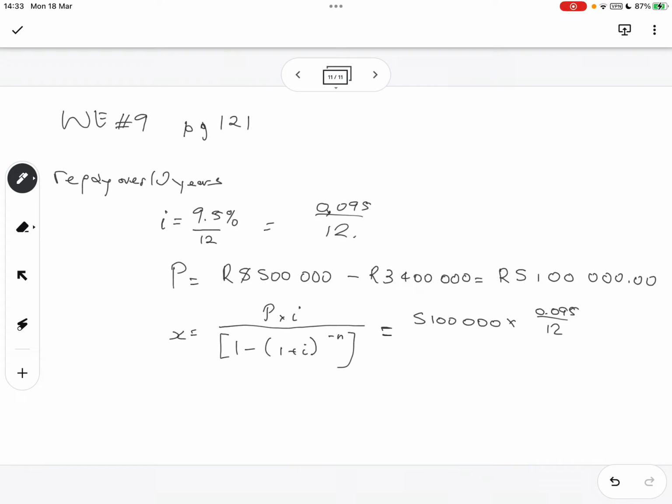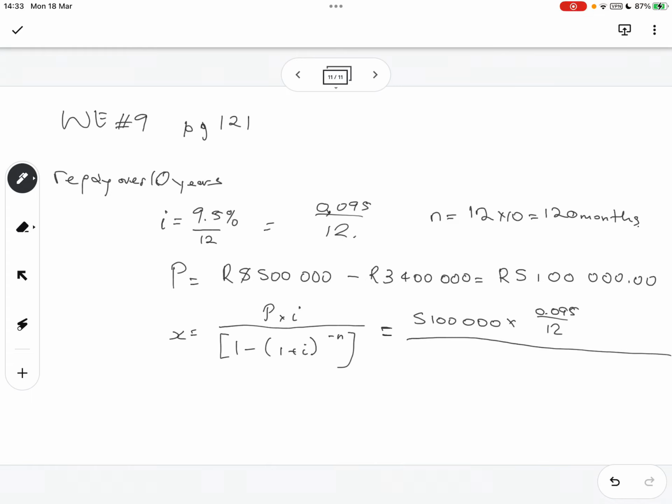We're told that he has to repay this over 10 years. So over 10 years, every month he's going to pay the same installment. So that's where n is going to look like 12 months times 10 years, which is 120 months.